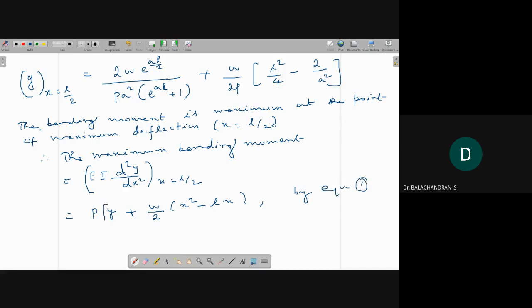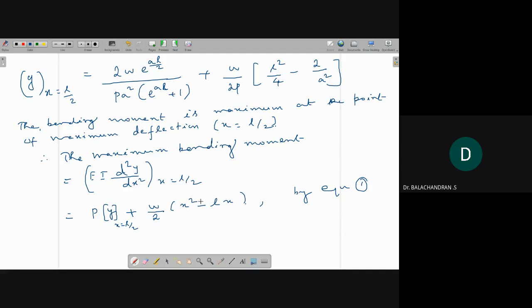So now you should find y at x equal to L by 2, and here also you should substitute x equal to L by 2. So I write x square; it is better to write in the next step. You should write x equal to L by 2.